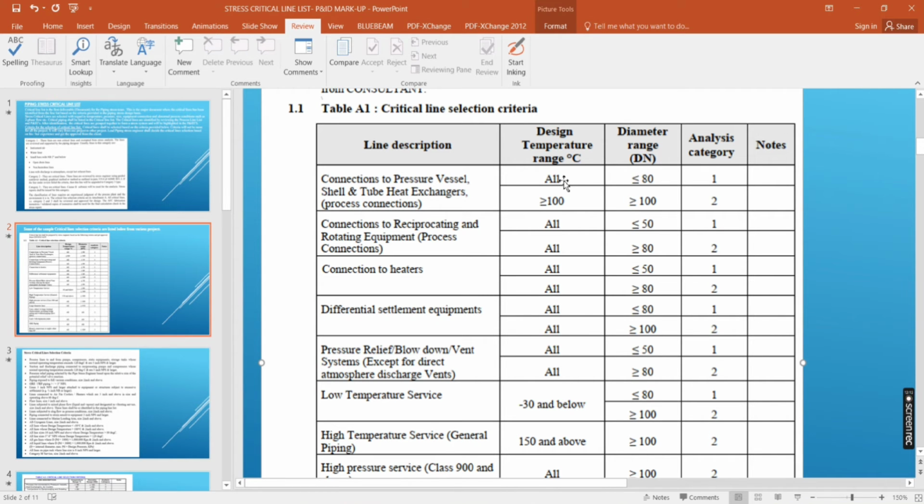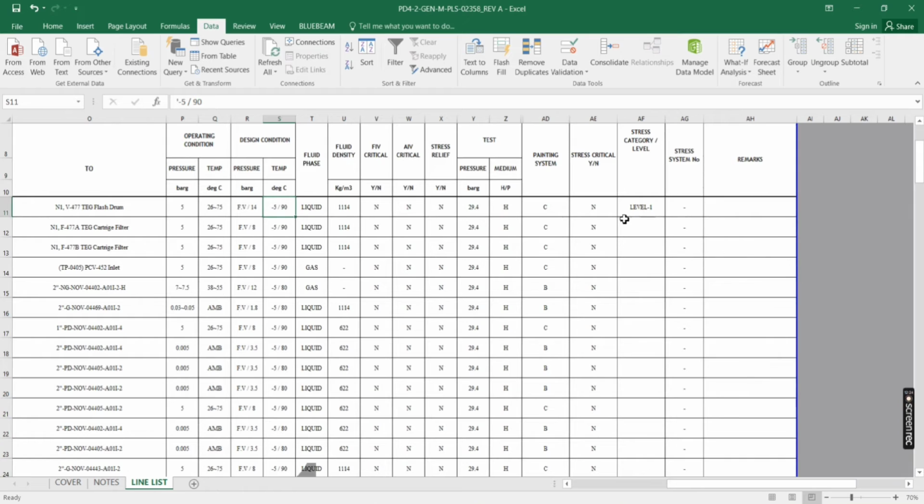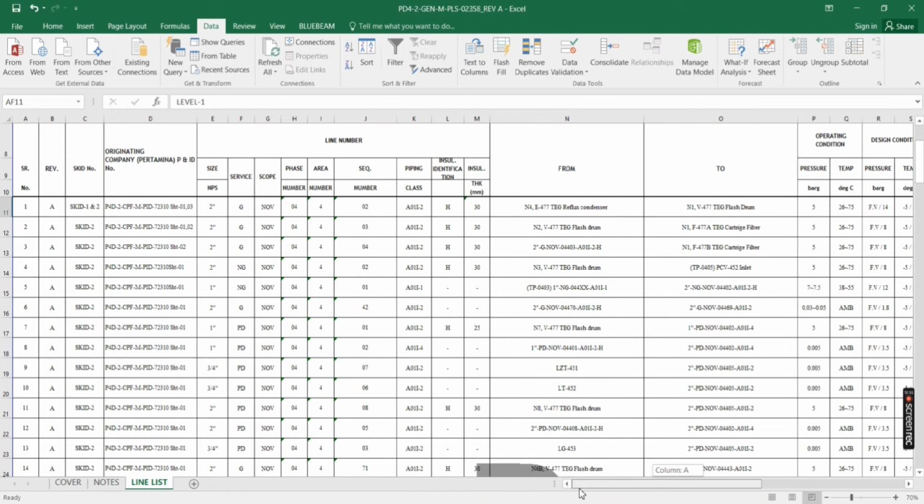Irrespective of the temperature, if the line size is below 3-inch, then it will come under category 1. So obviously it will be a non-critical line, N, and it comes under level 1. That is the first line.